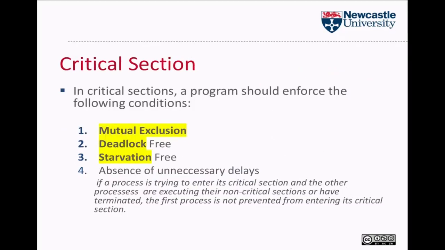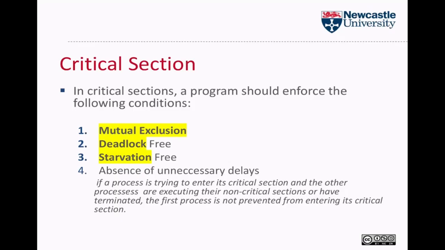And then we're starting to see mutual exclusion, deadlock freedom, and starvation freedom in more detail, which are the properties that we are trying to guarantee. We're trying to achieve mutual exclusion, so a region of the code is only accessed by one thread.